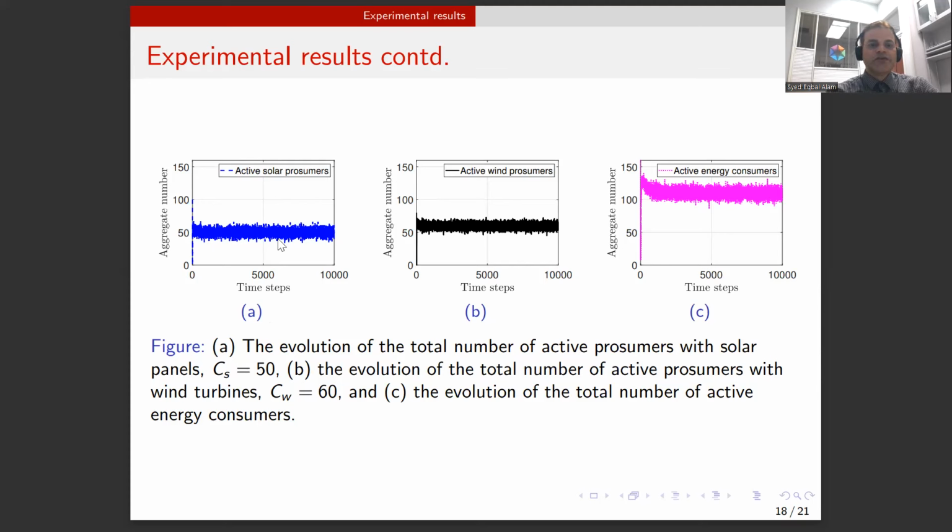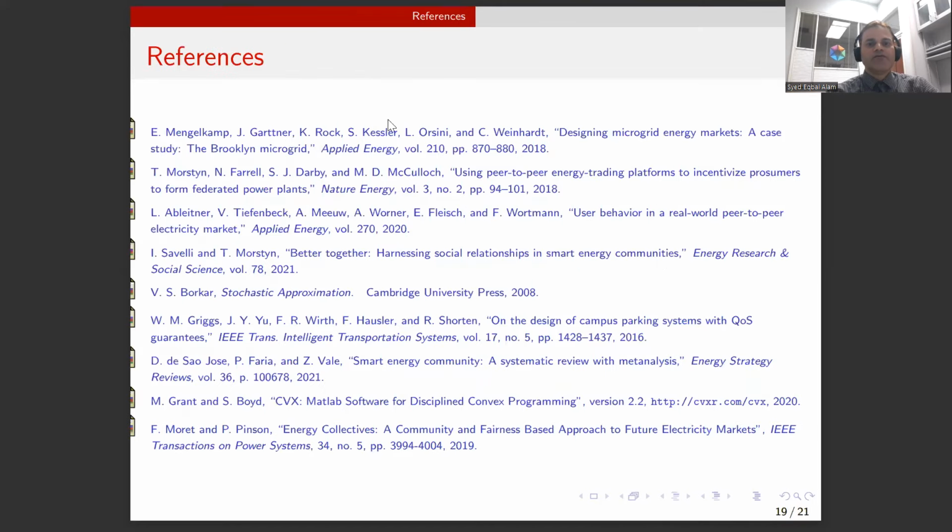So they fluctuate around the desired capacity. Similarly, in figure B, the total number of active prosumers with wind turbines also fluctuates close to its desired capacity Cw. The evolution of the total number of active energy consumers also fluctuates around the values. You can find the following references.